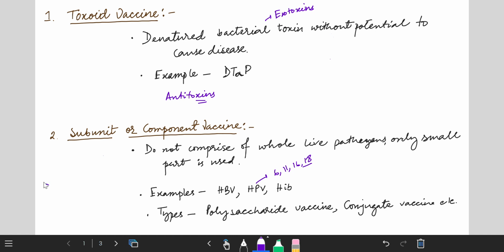It can be made directly from the original pathogen, or it can be made recombinantly. These are the two ways by which subunit or component vaccine can be made. Okay.